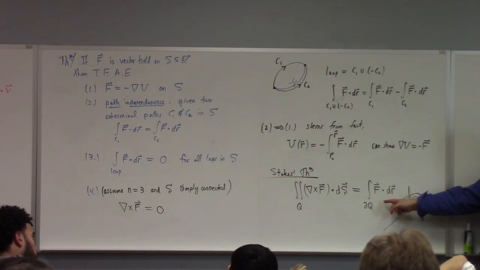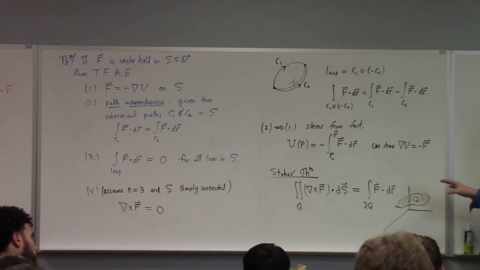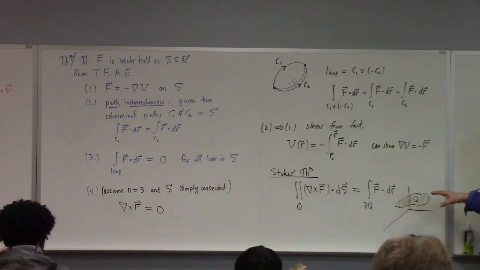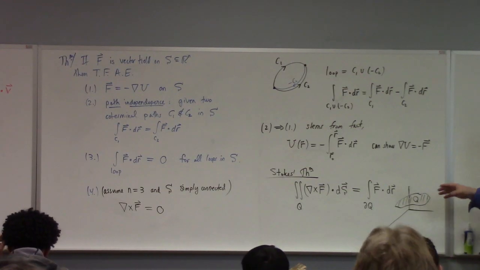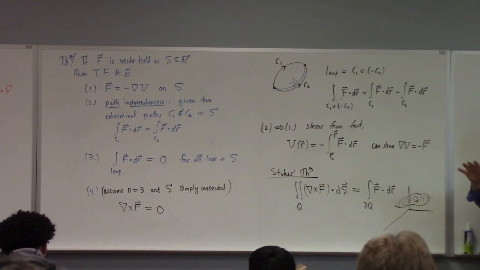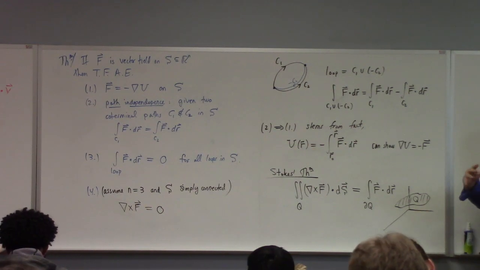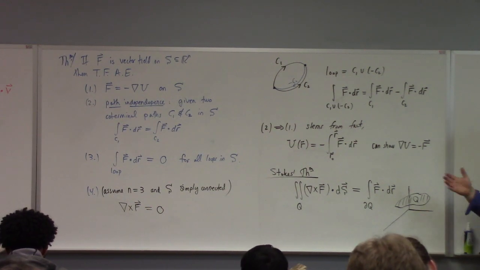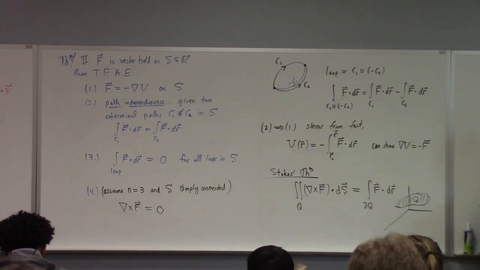But you can do this for an arbitrary loop in S. Take an arbitrary loop in S, color in that loop, call that Q. The integral around that loop is 0. Therefore, we're back to 1, 2, and 3. We have a conservative force.